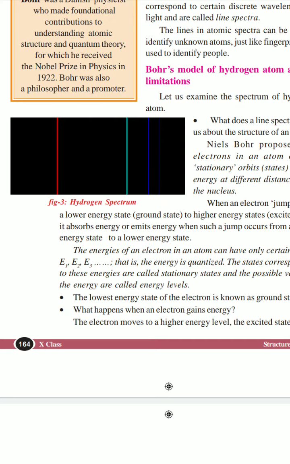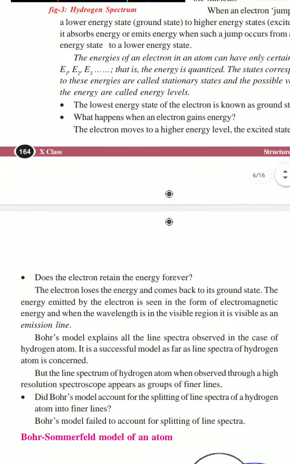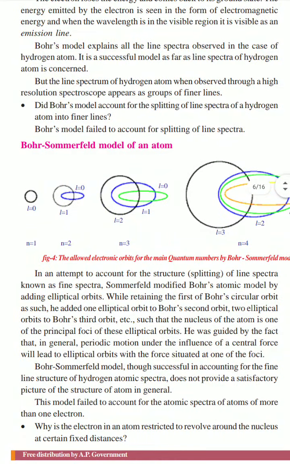This line spectrum was again modified by Sommerfeld by adding elliptical orbits. While retaining the first of Bohr's circular orbits as such, he added one elliptical orbit to Bohr's second orbit, two elliptical orbits to Bohr's third orbit, etc.